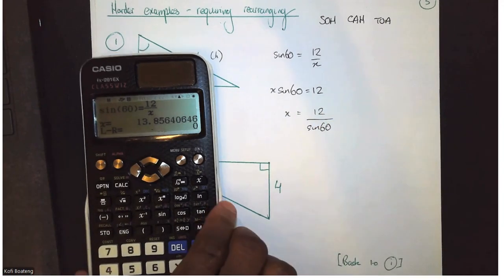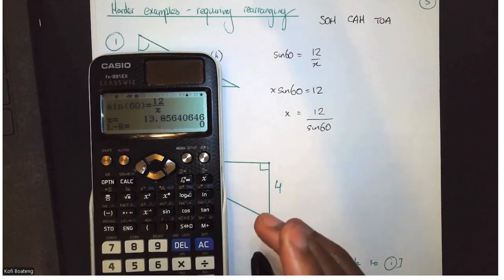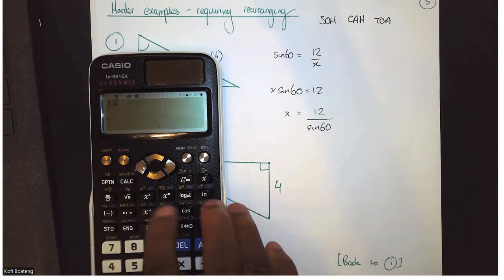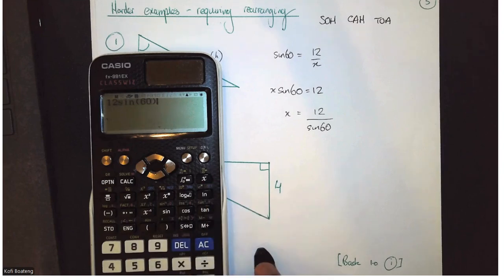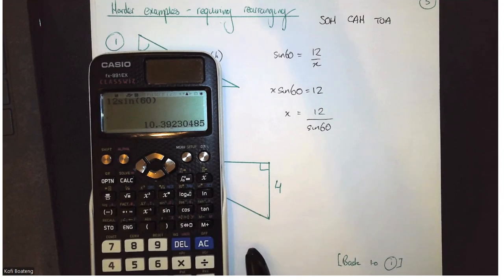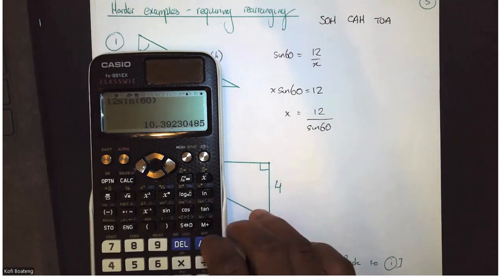So I know the answer should be 13.9 to 3SF. So let's suppose I was in the tests and I incorrectly put in 12 sine 60. This is not the correct answer because we know the answer is 12 divided by sine 60. But if I put 12 sine 60 and I got this answer, well, I know this is not the correct answer because I know the answer should be 13 point something on a calculator. Therefore, my rearranging is incorrect.